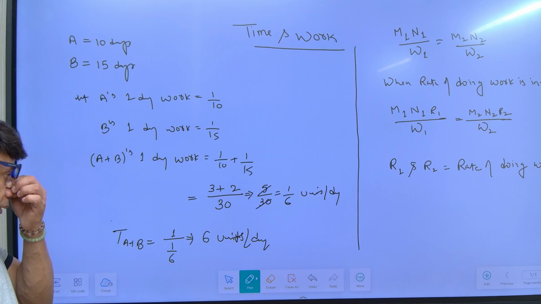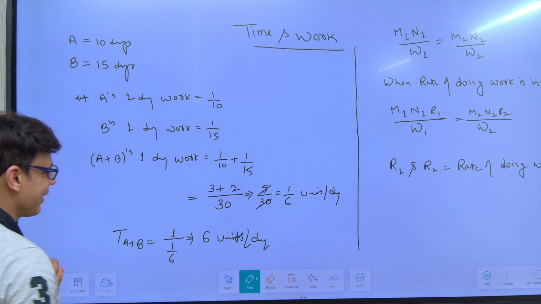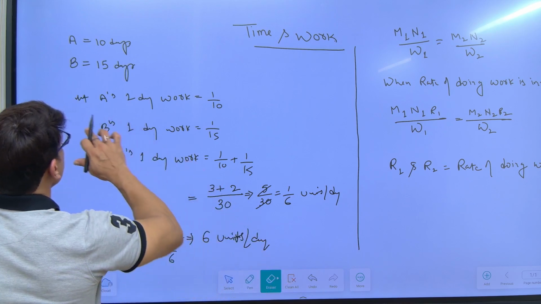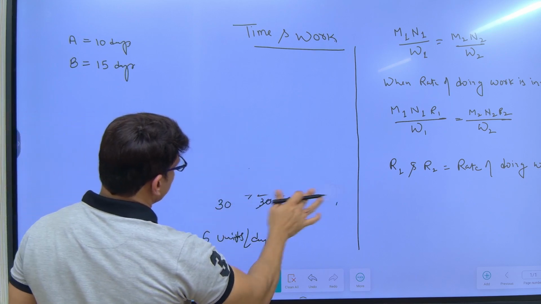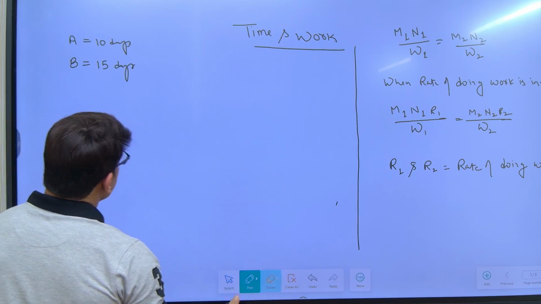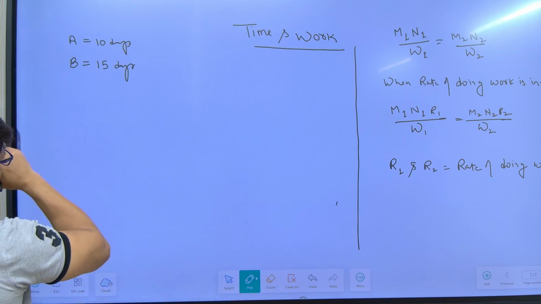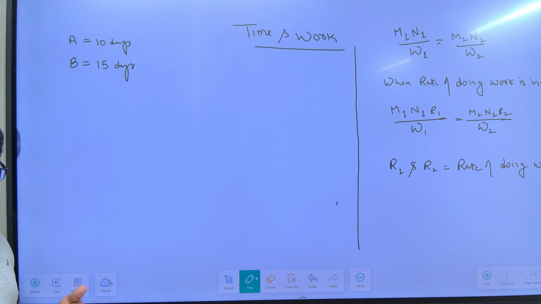Now, good that you know this method, but I have a better method to explain to solve this question. Let's understand. Why am I not using this particular method? Because you have fractions, and there is a possibility that you will add or subtract fractions and make mistakes.